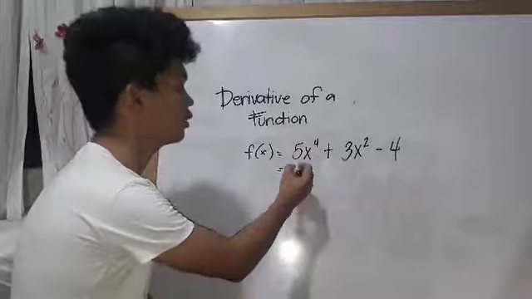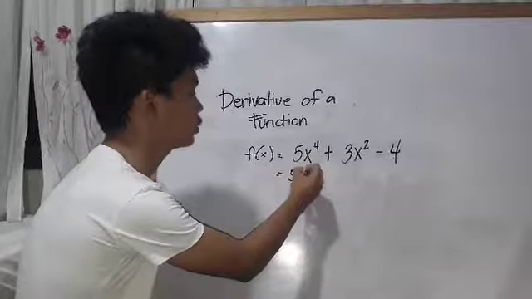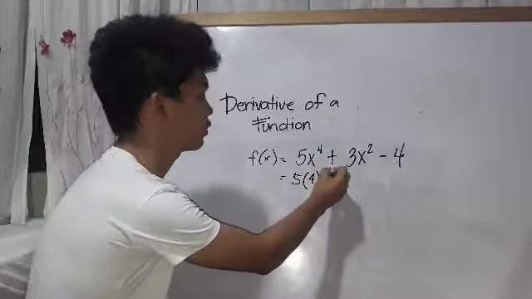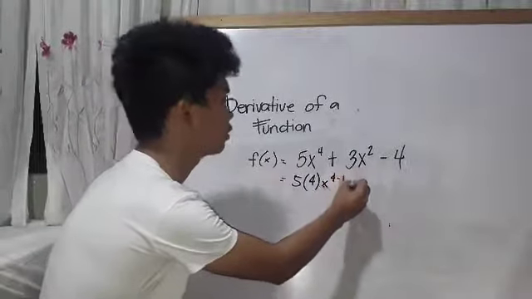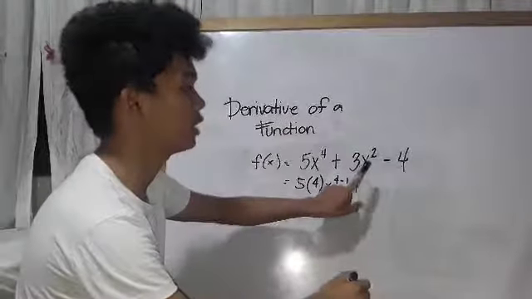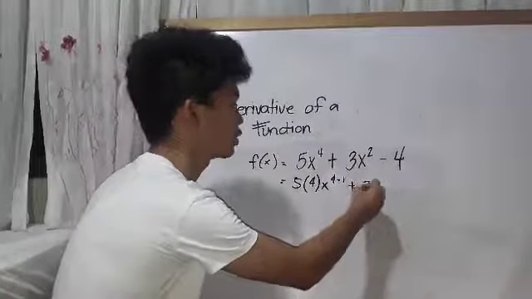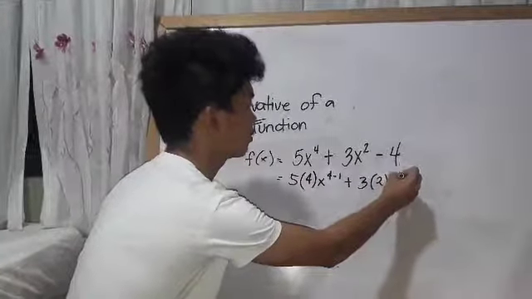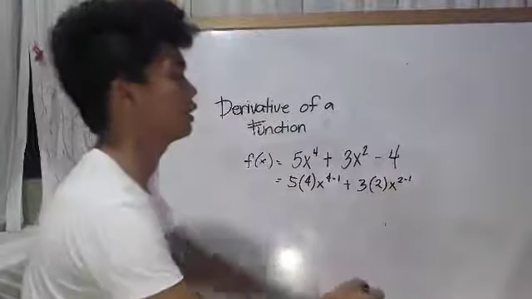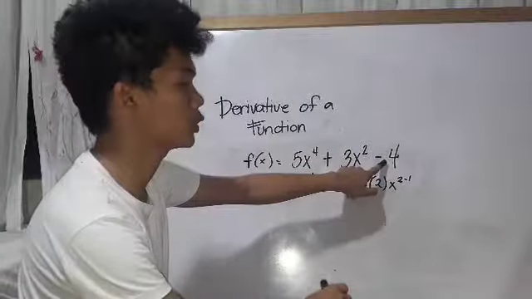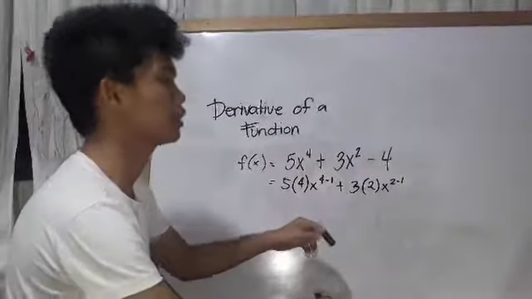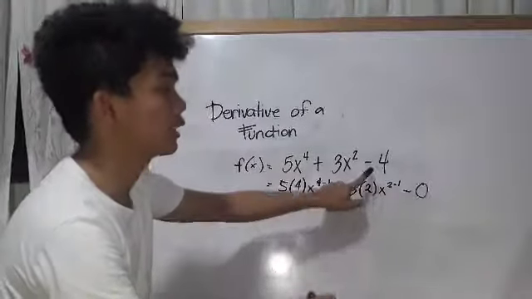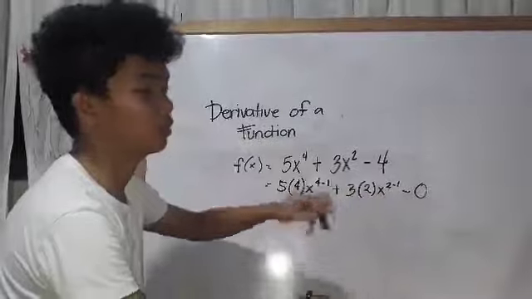So using the product rule, we copy the exponent 5, multiply by the exponent 4, x raised to 4 minus 1, plus we do the same in the second term, which is 3 times 2x raised to 2 minus 1, and the derivative of the constant function, the first rule that we discussed earlier, is just 0, because any constant term, the derivative is just 0.